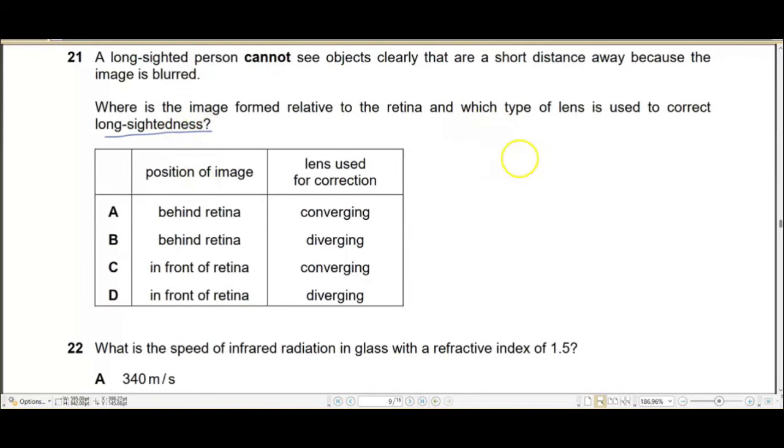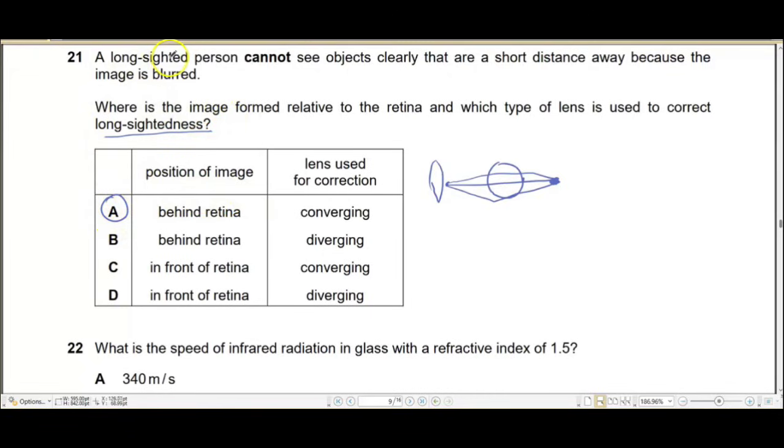For long-sightedness, if this is the eye and this is the retina, the image of the object would be formed somewhere beyond the retina. That is why it is blurred, and it can be corrected using a converging lens.